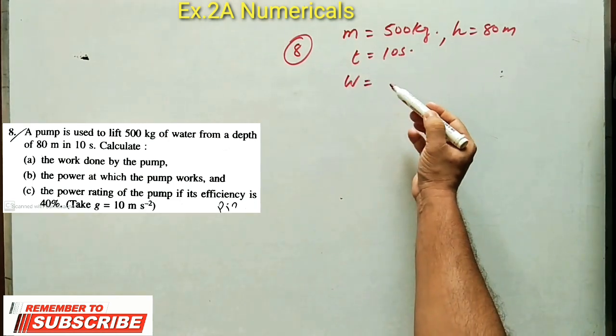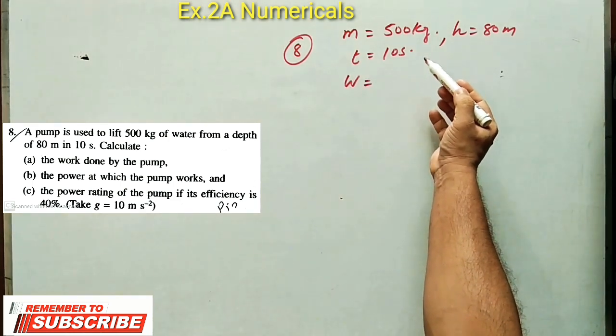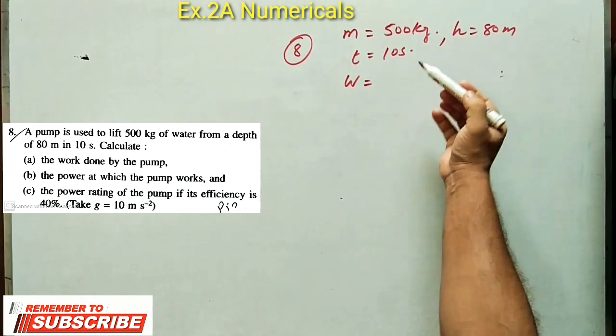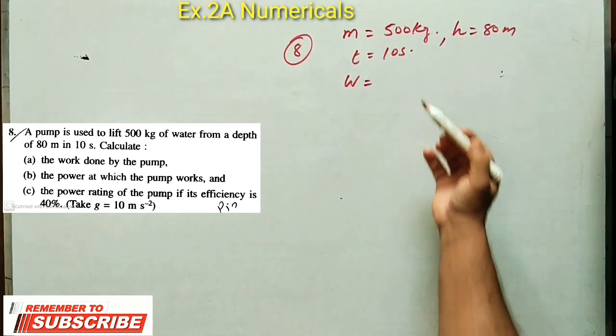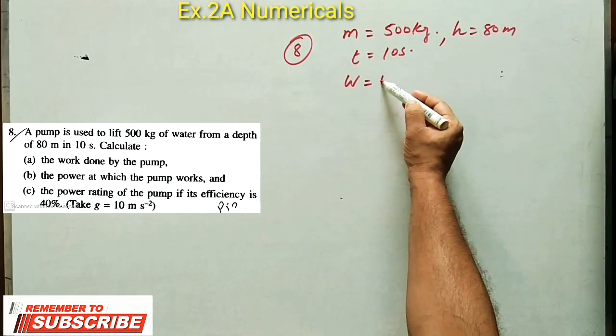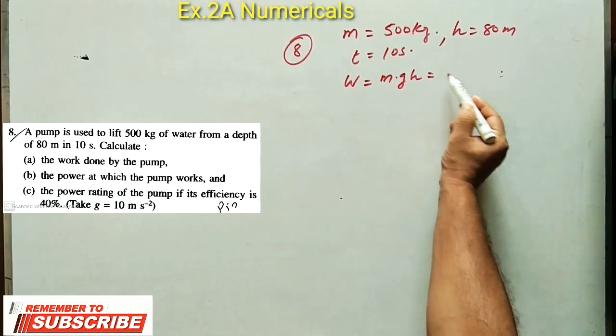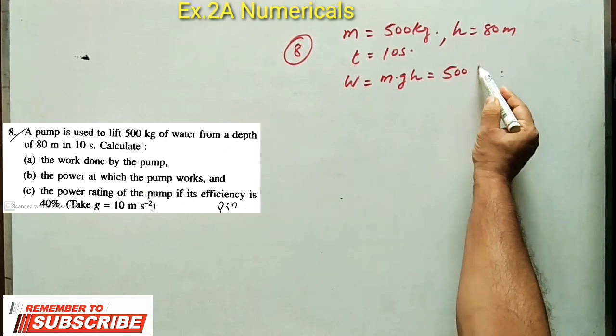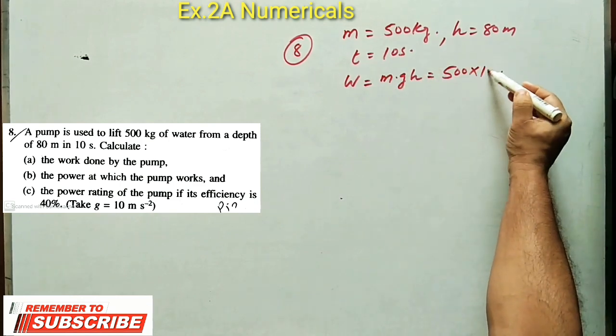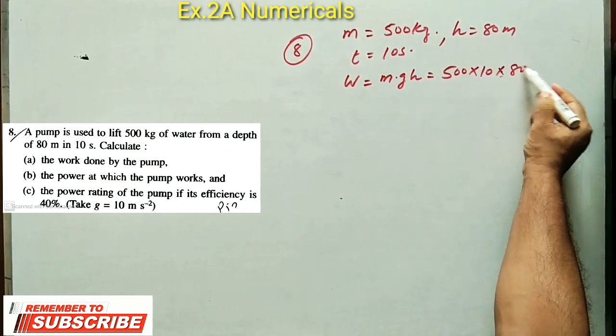So work done, as you know, 500 kilogram of water is being raised up through a height of 80 meter in 10 seconds. Work is being done against the force of gravity. So what is the expression for work done? mgh. So m is equal to 500, into g which is given as 10, into 80.